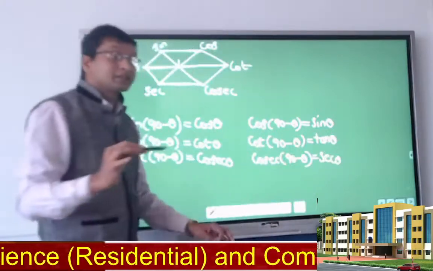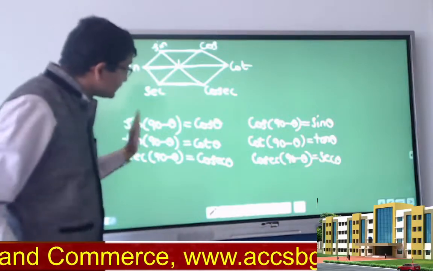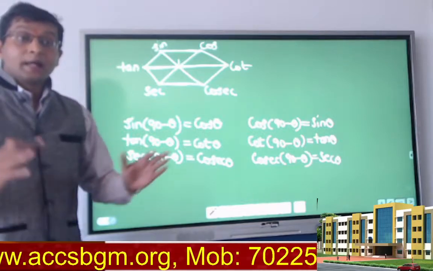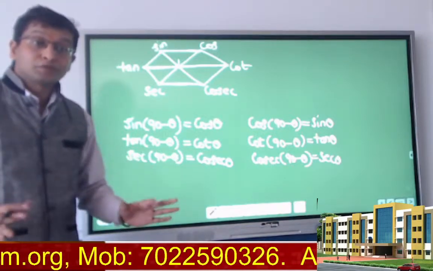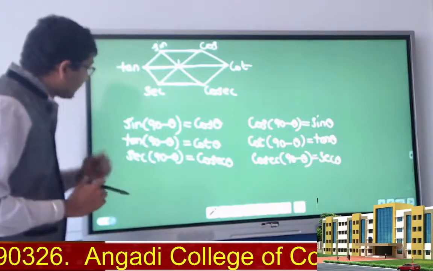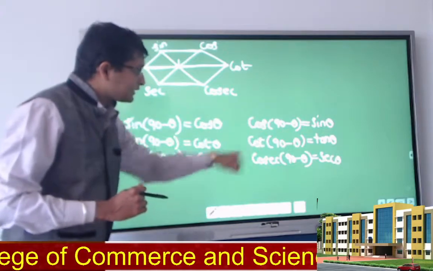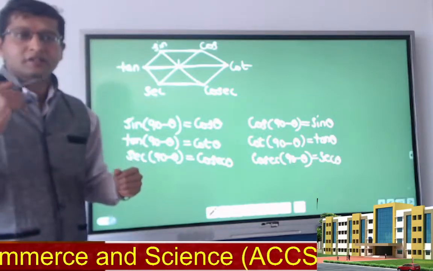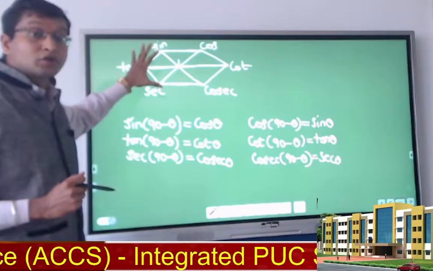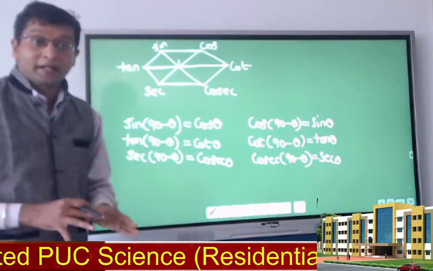So it comes in your third exercise. Using these 6 transformation formulas, you will solve many of our problems. Usually what happens with sine of 90 minus theta is that it is confusing whether to write cot, cosec, sine, tan or sec. Then what you have to do is draw a hexagon, which I call a super hexagon.